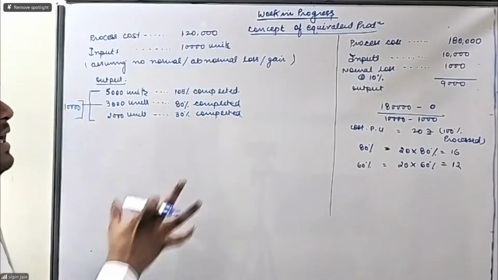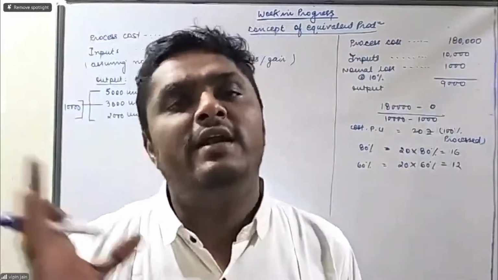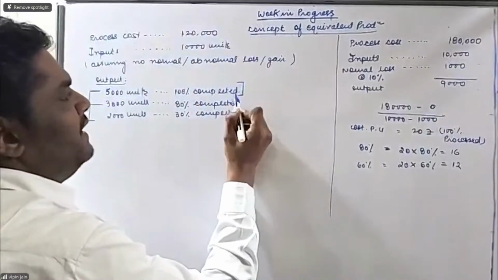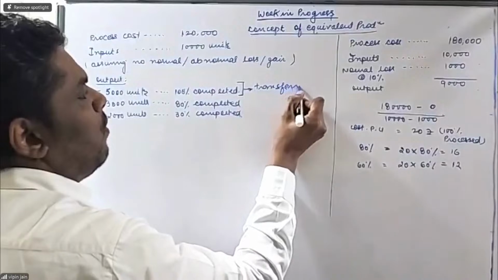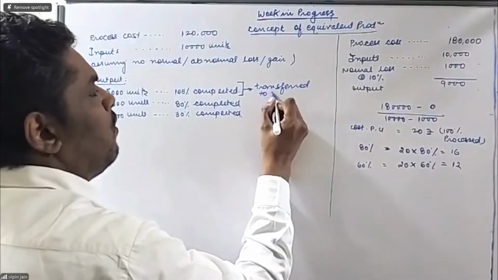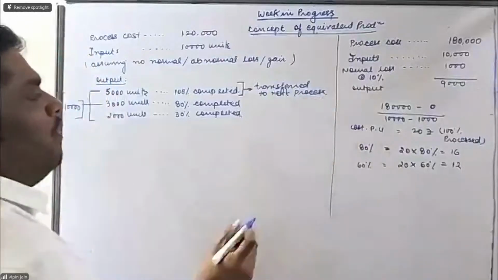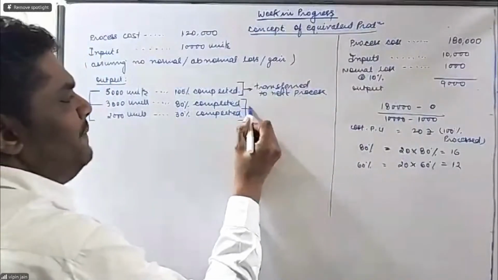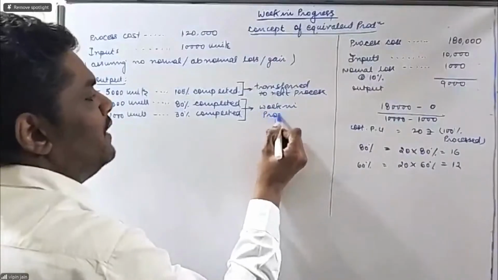Now, guys, herein we have three categories of output. Certain units that are 100% completed and processed and transferred to the next process. And these 80% and 30% units that are semi-finished, we call work in progress.